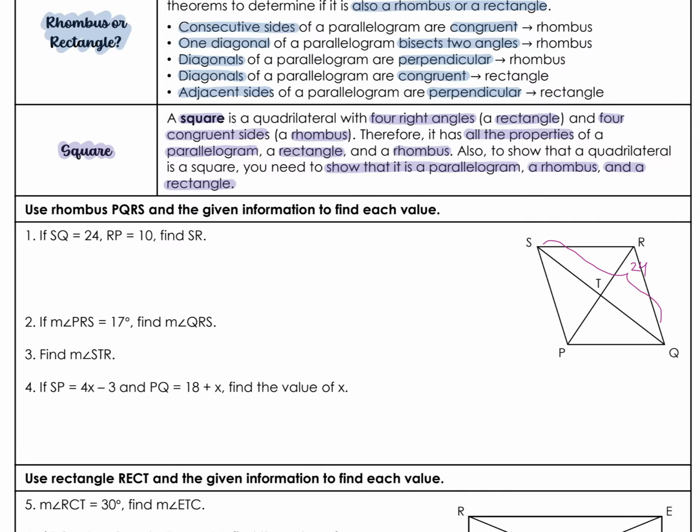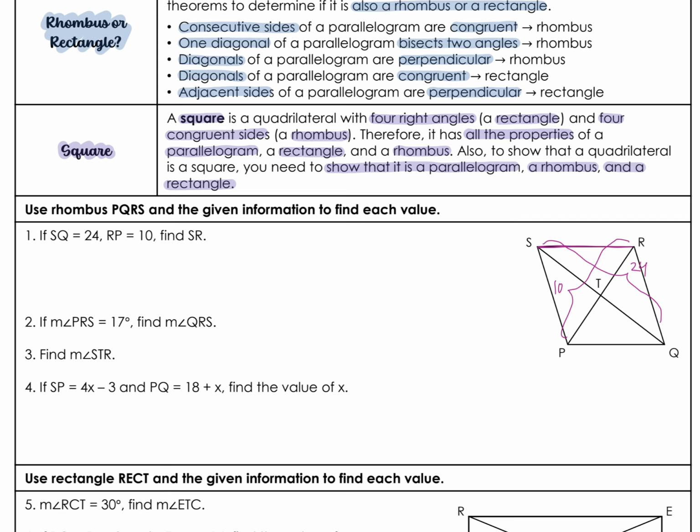And we know that PR is 10. We are asked to find SR. So we're asked to find this length here.